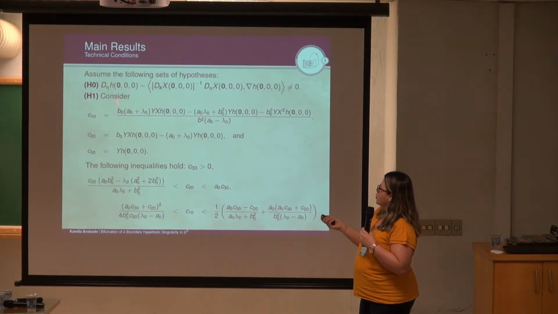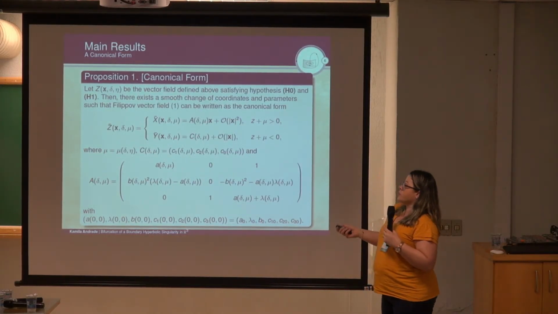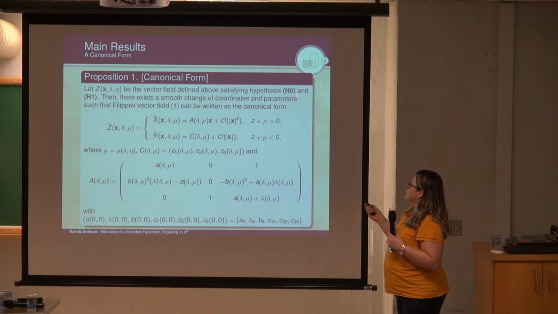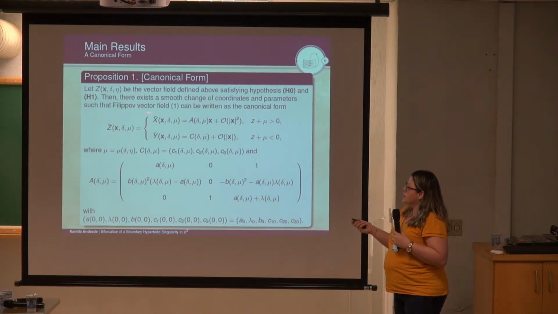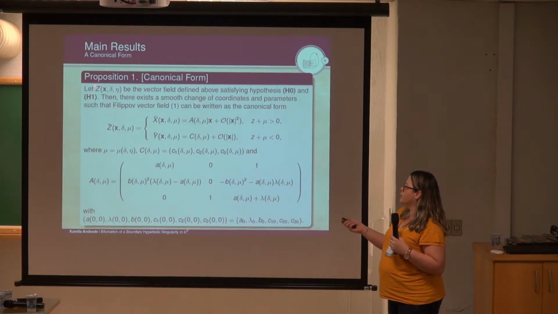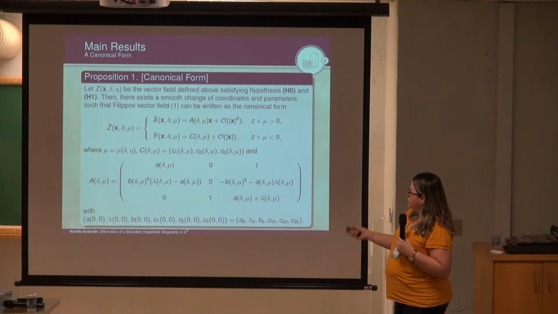And the first condition, H0, will allow us to put the vector field z in a good canonical form that is given in this first result. So if we have the vector field z given in equation 1, satisfying hypotheses H0 and H1, there exists a smooth change of coordinates and a change of parameters that brings this Filippov vector field to this canonical form here, where we have these conditions on the vector field y, which is a regular vector field, and the vector field x starts with this linear part where a is given like this.